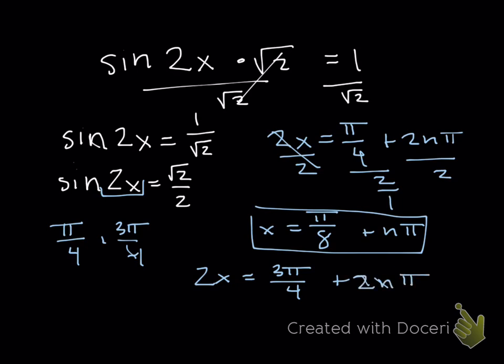And again, I have to divide every term by 2. So I'll get x equals, again, keep change flip for this fraction, so I'll get 3 pi over 8 plus n pi.